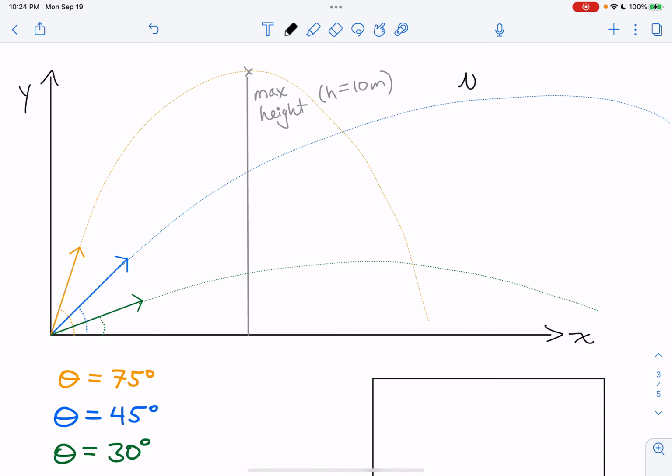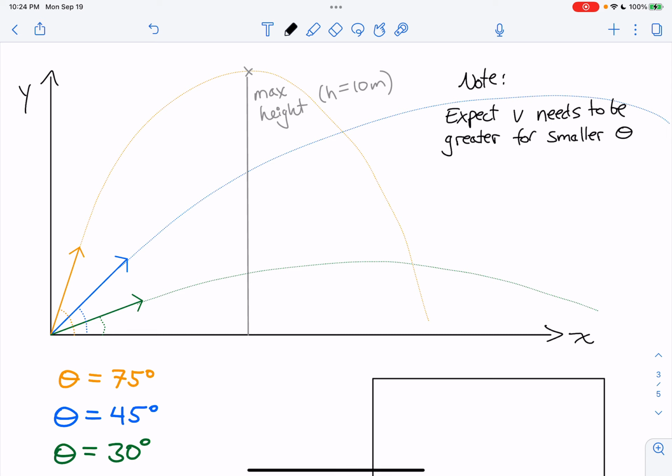So let's just note from the beginning that we expect the launch speed needs to be greater for smaller theta, because the maximum height depends on the Vy, and that is equal to V sine theta.